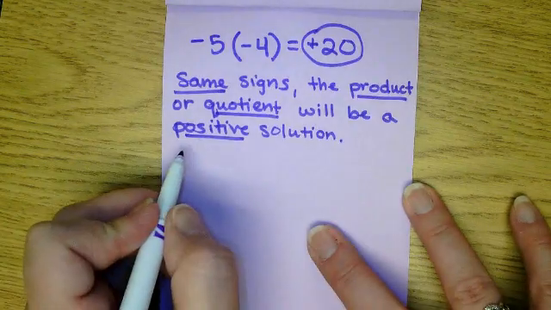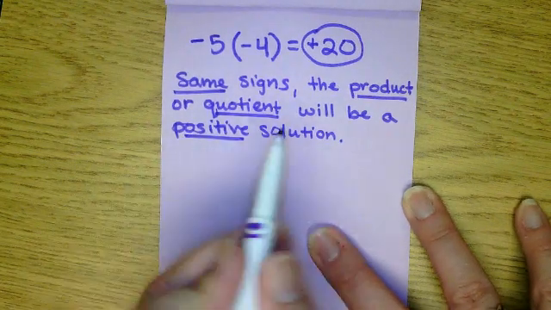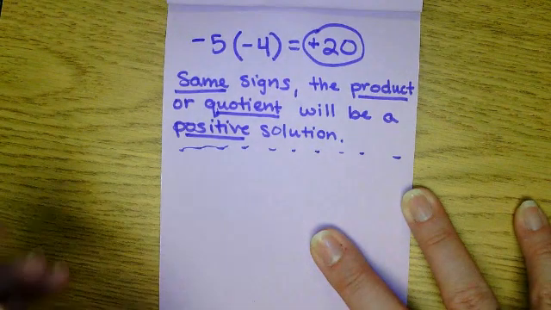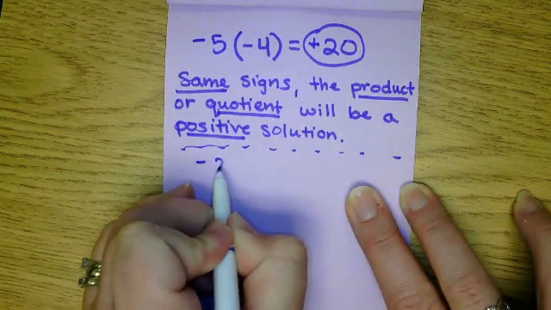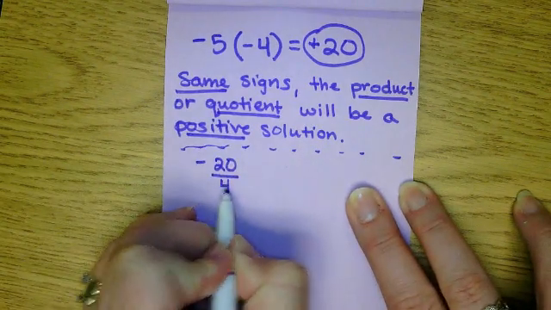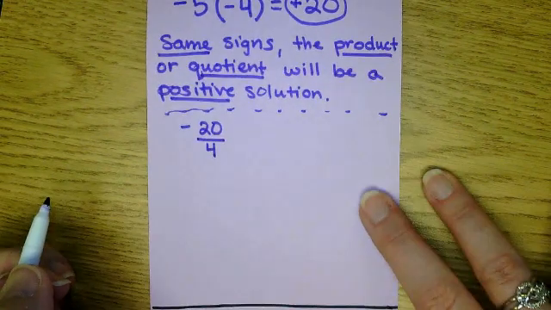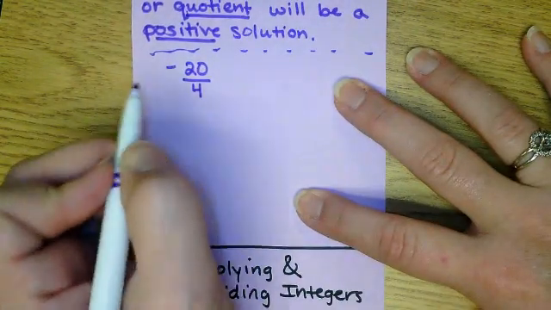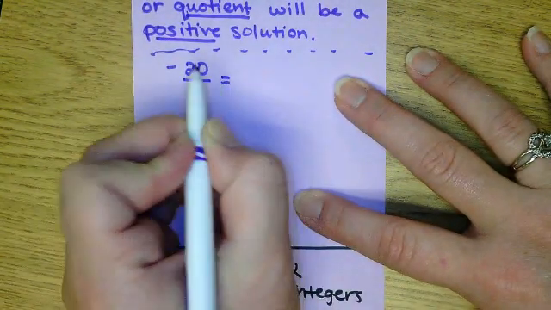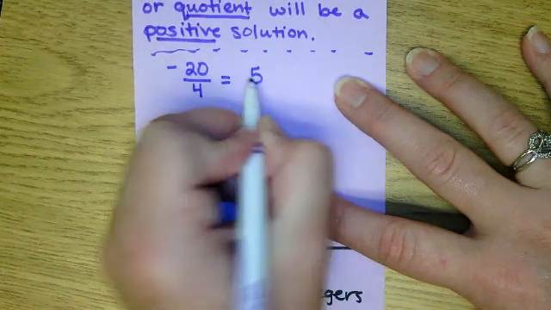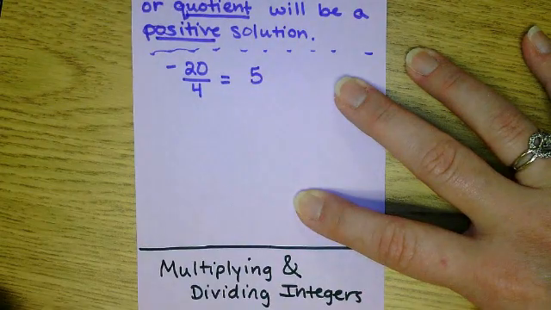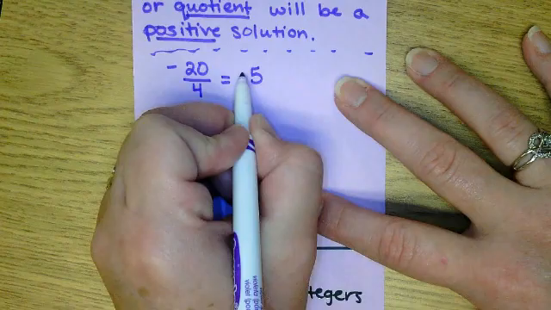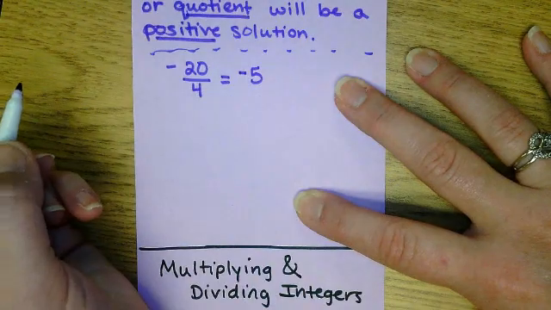And then you have a second example. -20 divided by 4. Yes, it looks like a fraction because that is exactly what a fraction is. It's a division problem. -20 divided by 4 is -5, because 20 divided by 4 is 5. And it doesn't matter, it will be negative.